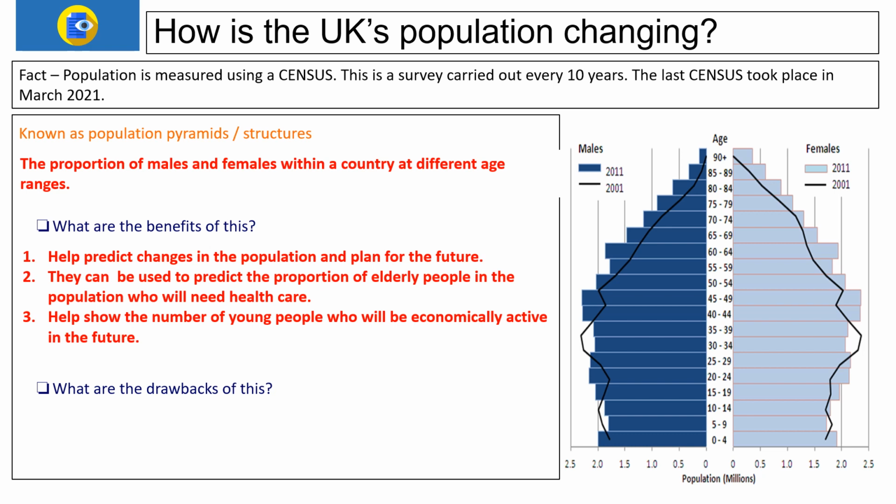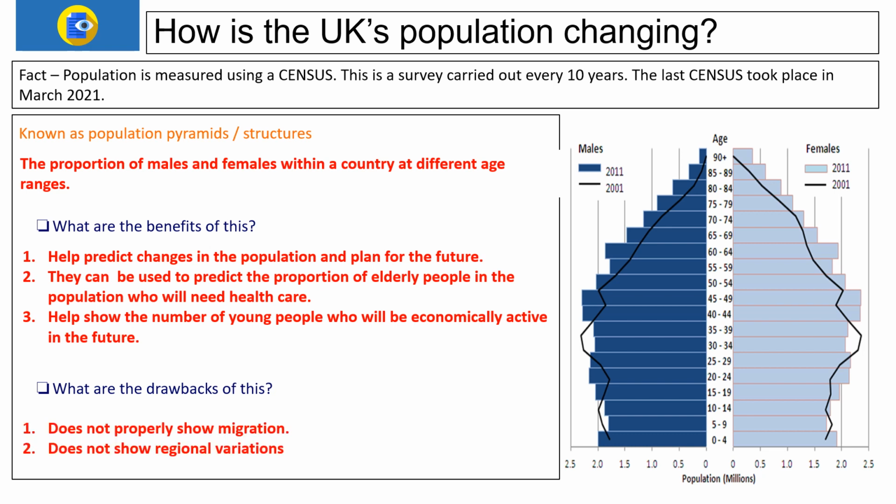It helps to show the number of young people who will be economically active in the future, so that gives the government information on how taxes will be collected. It also gives information about the number of dependents under the age of 16, and that would give the government information about how many school places would be needed.